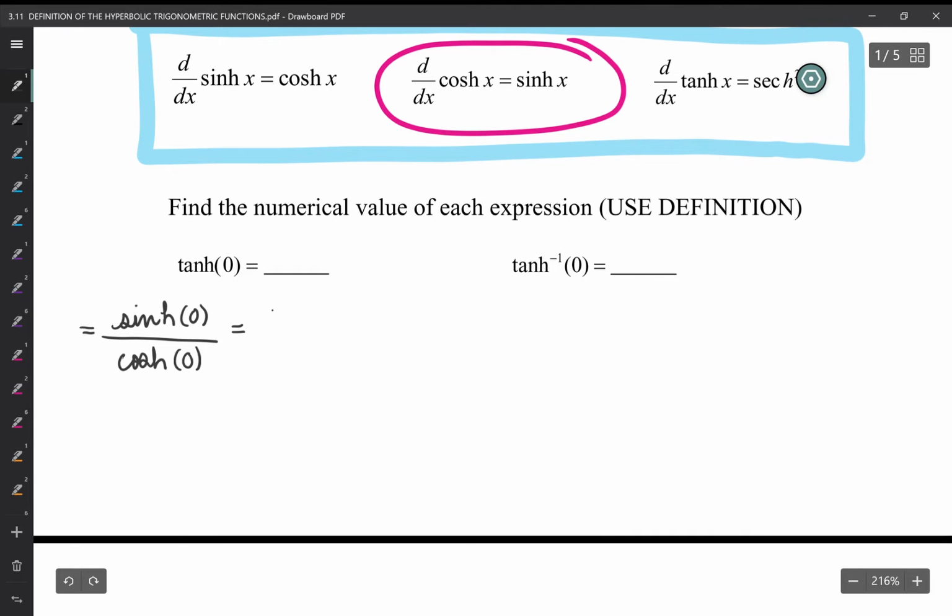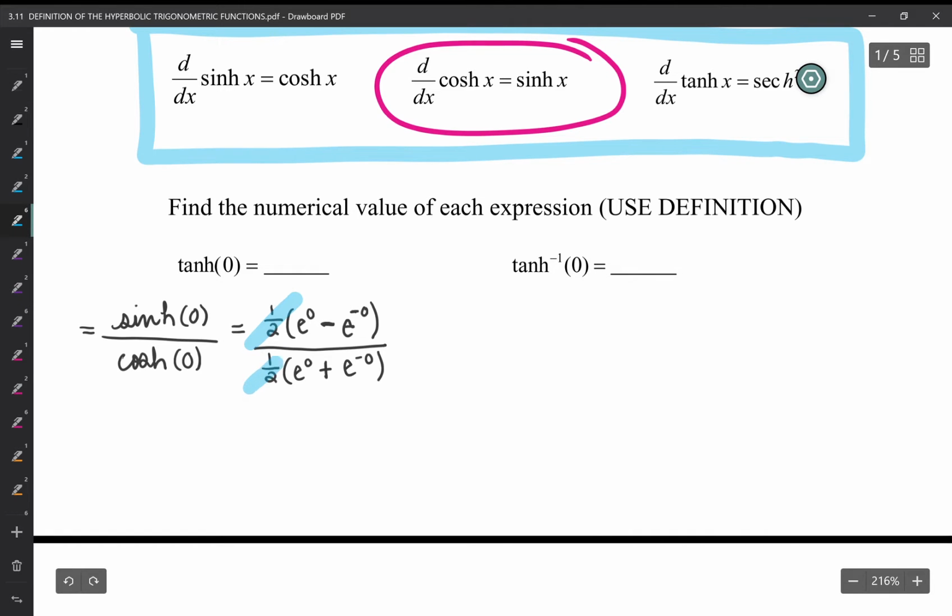This is equal to 1/2 times e to the x minus e to the negative x. So 1/2 times e to the 0 minus e to the negative 0 over, and now we have the hyperbolic cosine, so that's 1/2 e to the 0 plus e to the negative 0.